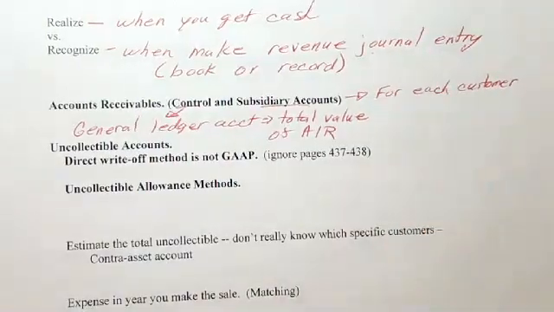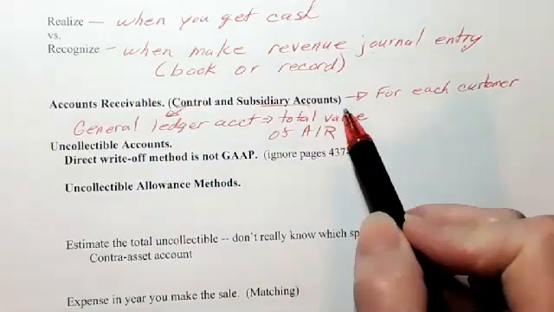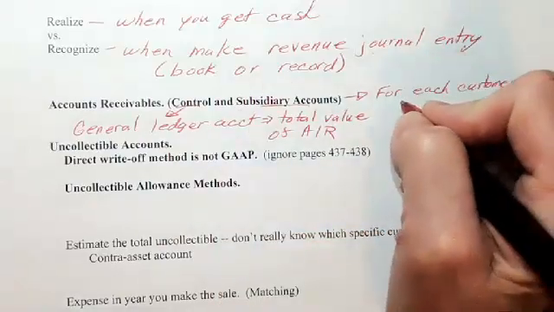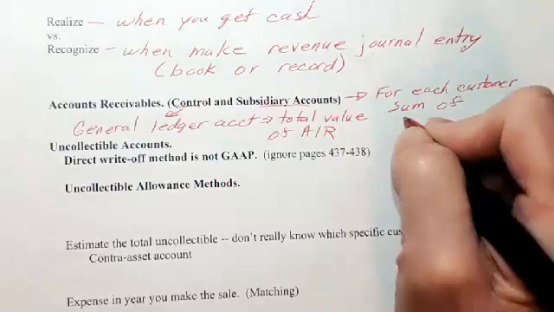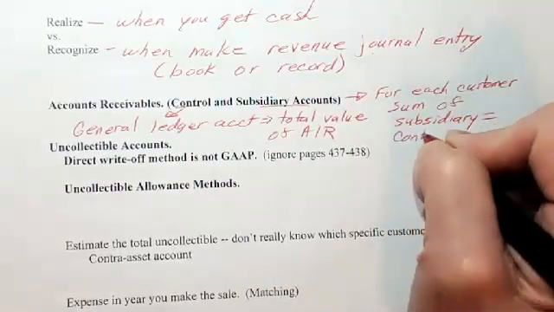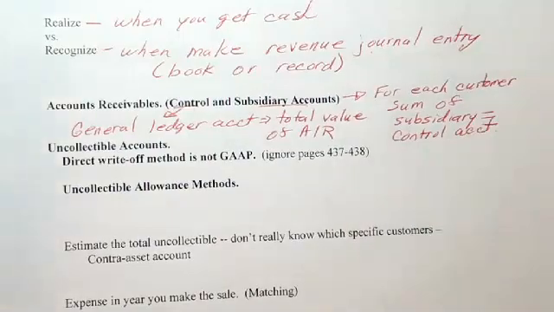That's how we keep track of each customer's account. So again, we can send out bills at the end of the month. We know who has paid us and who still owes us. So a subsidiary is just a breakdown of the control account. And the sum of the subsidiary accounts better equal that control account. Otherwise, I made a mistake.